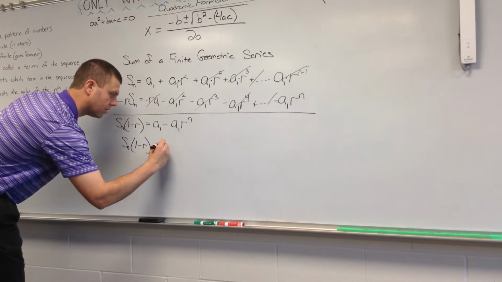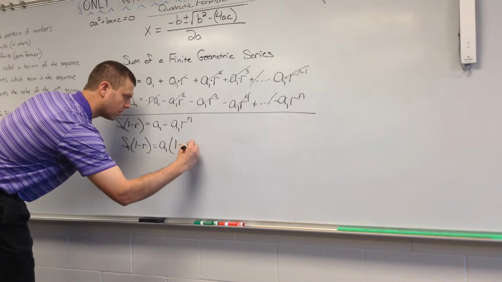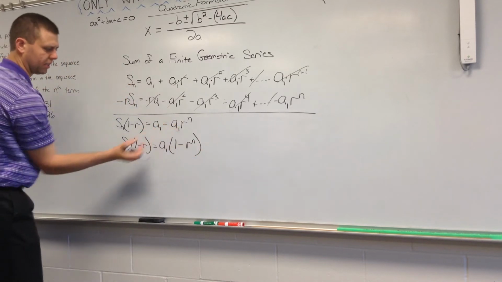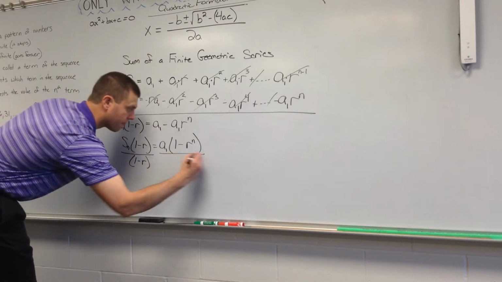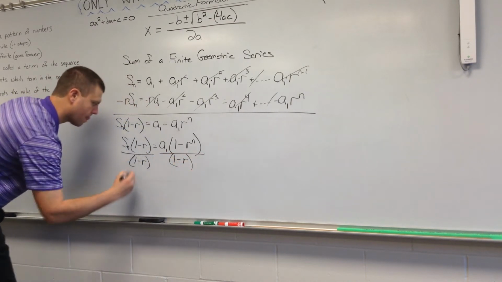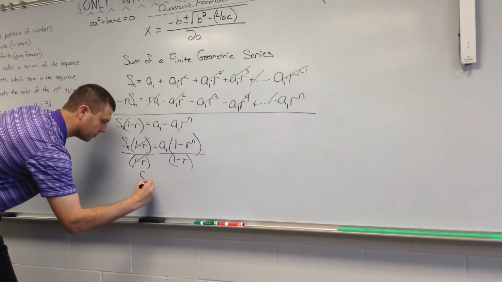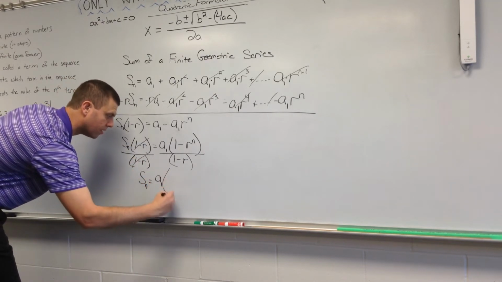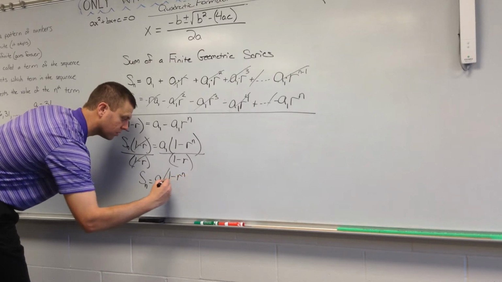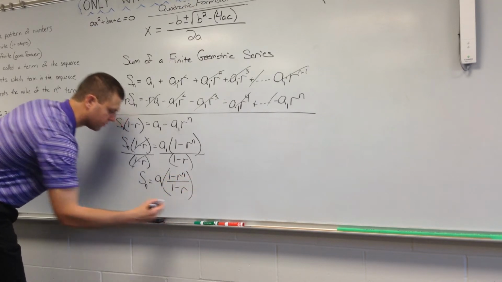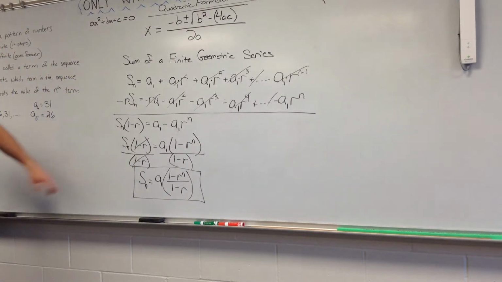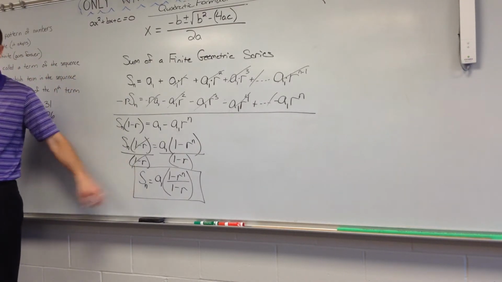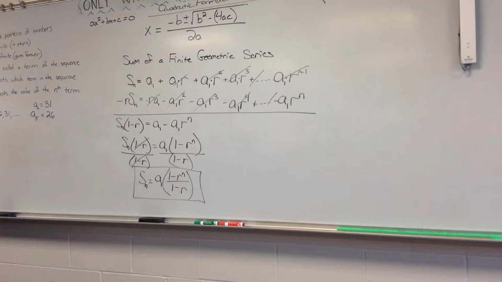And again, I'm going to pull out an a sub 1 from each term, and divide by 1 minus r. And I get s sub n equals the first term times 1 minus the ratio to the nth over 1 minus the ratio. That's your rule for finding the sum of a finite geometric series.